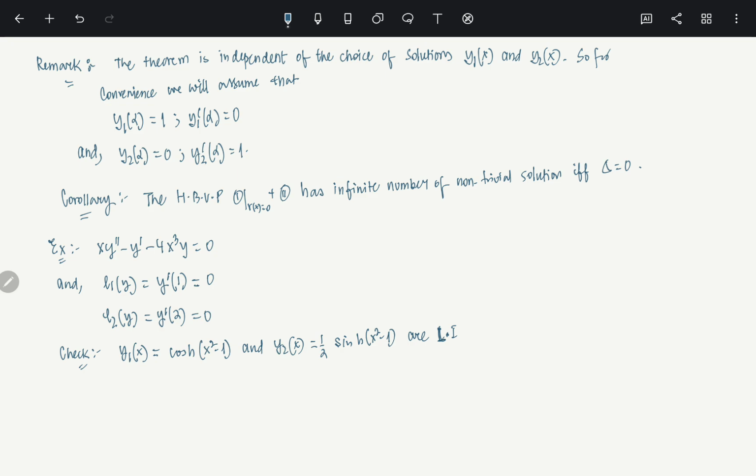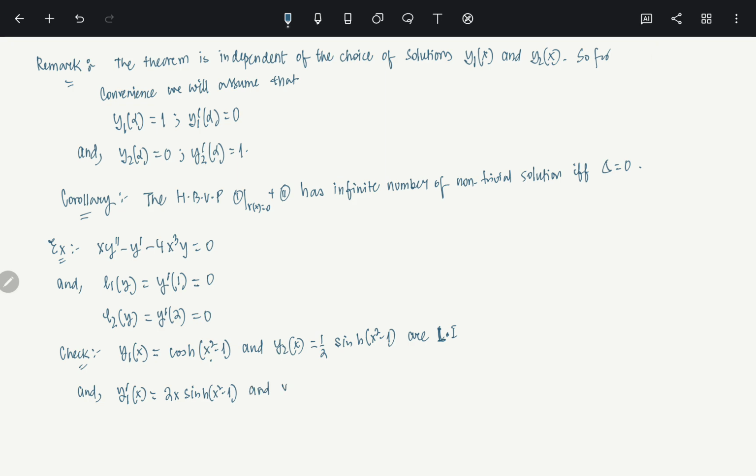So first of all, we got two linearly independent solutions. Now y1 prime at the point x is nothing but 2x, the derivative of this, and the derivative of cosine is sine hyperbolic of x square minus 1.